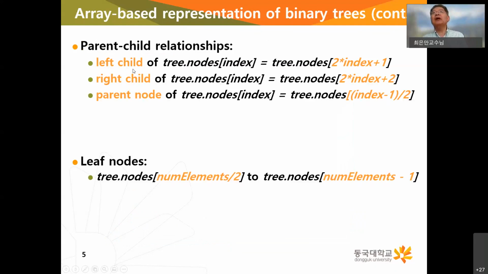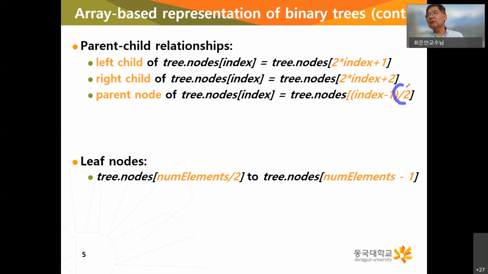So the left child of a certain node, you can calculate 2 multiplied by index plus 1. That's the left child index value. The right child, 2 multiplied by index plus 2, okay? Parent node, index minus 1 divided by 2, this one is integer division, okay?